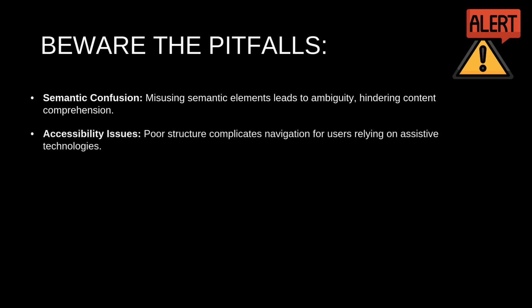Accessibility problems. Screen readers and other assistive technologies rely on semantic elements to provide meaningful information to users. Problems with accessibility will make it harder for users to navigate and understand the content.